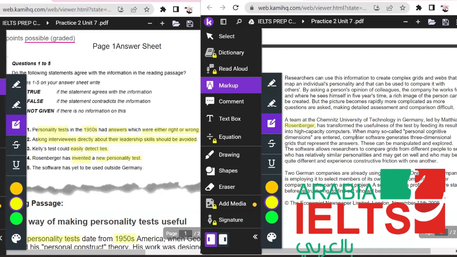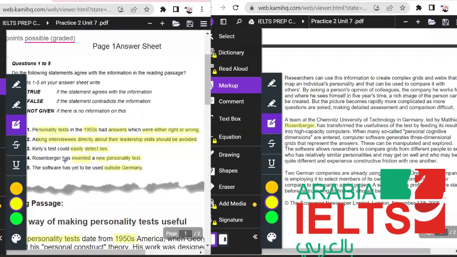Next one, the software has yet to be used outside Germany. Again, these words that change things. The modifier, the software, the subject, has yet to be used outside Germany. Again, the main verb and things that I would underline, but I don't have this option, so I'm just going to highlight everything.